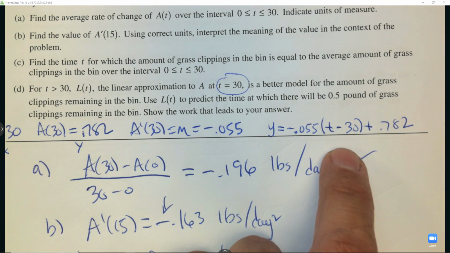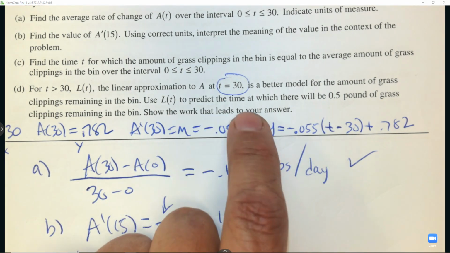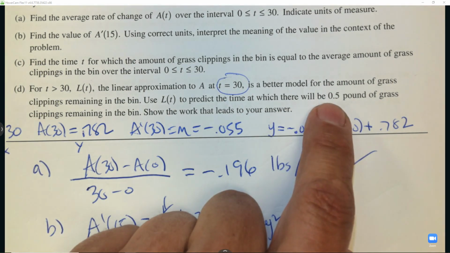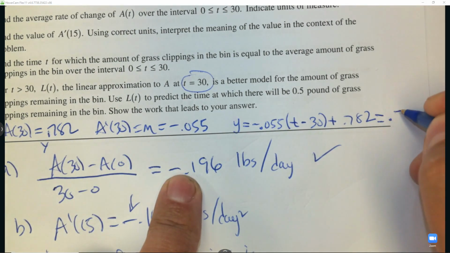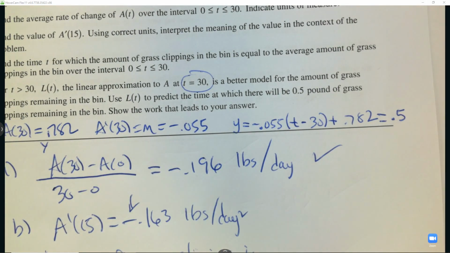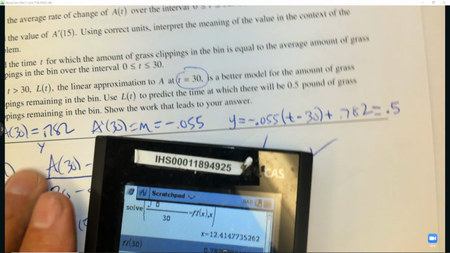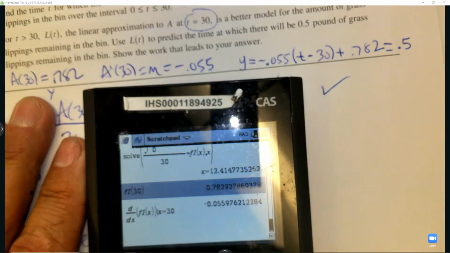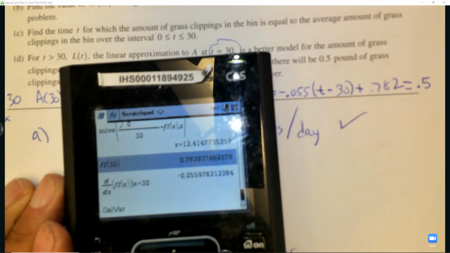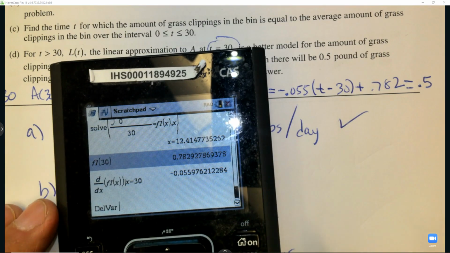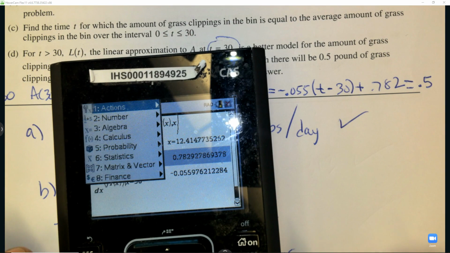And then it says, use that to predict a time where there will be 0.5 pound of grass remaining in the bin. So we make it equal to 0.5 and then solve that equation. Calculator can do it. So menu, algebra, solve. I'm going to type that in. Oops, what did I press then? I couldn't see it because it got blurry. So menu, algebra, solve.